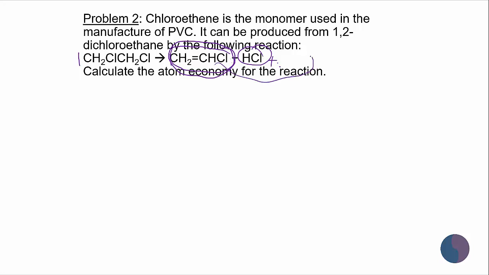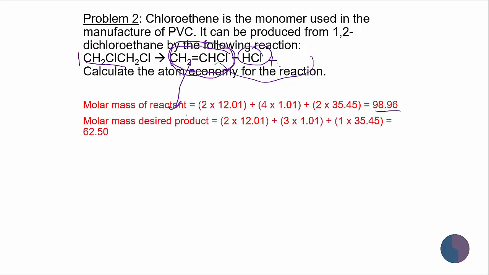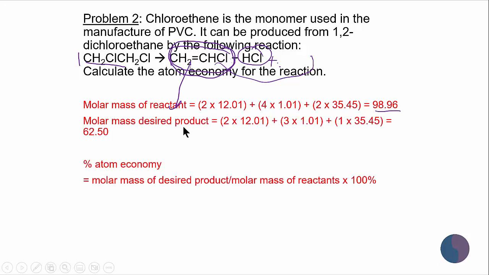That will be turned into a polymer. Okay, so basically the reactant is this, and so you have to add all those up and you get 98, and the product is this one here. And so you add all that and get that. That's just splitting it apart. So formula, substitute units, and the answer is 63%.